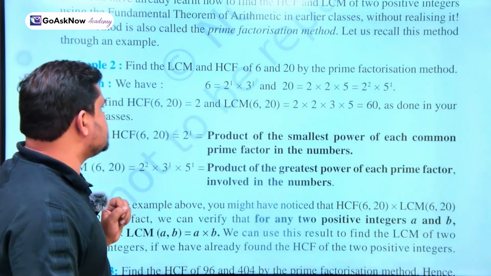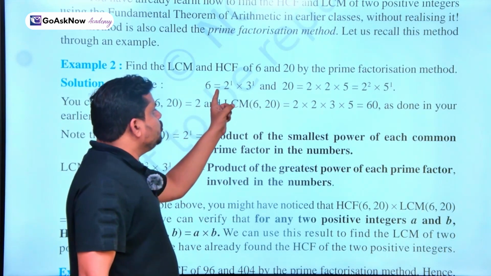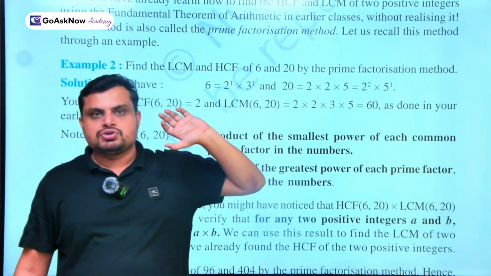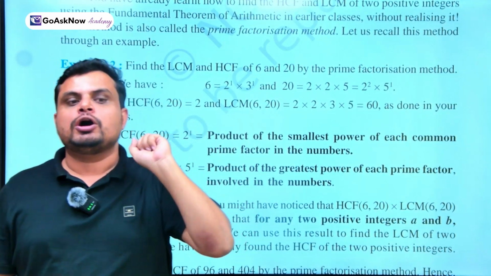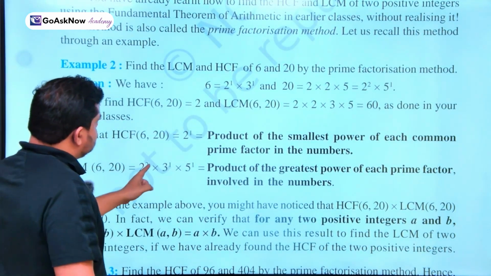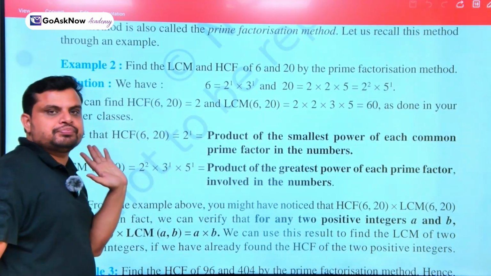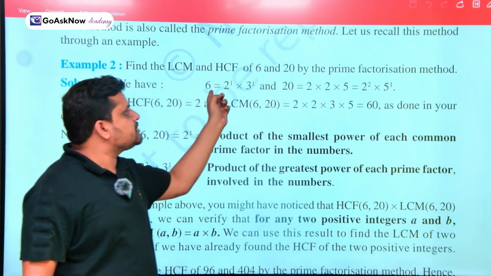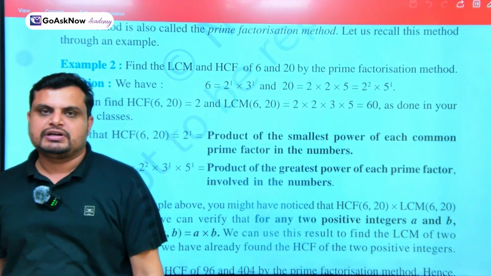Here you can see 2, 3, 2, 5. You have to take all the factors, so we will take 2, 3 and 5. Now the maximum powers. What is the maximum power of 2 in both prime factorizations?